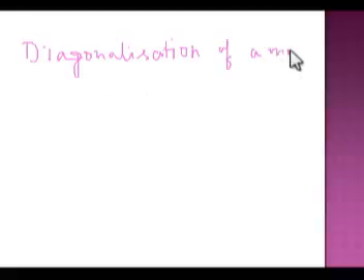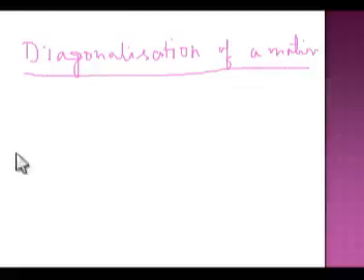Because eigenvalues and eigenvectors are important topics in linear algebra, and they are related to this. Diagonalization means we can transform any square matrix A into a diagonal matrix.